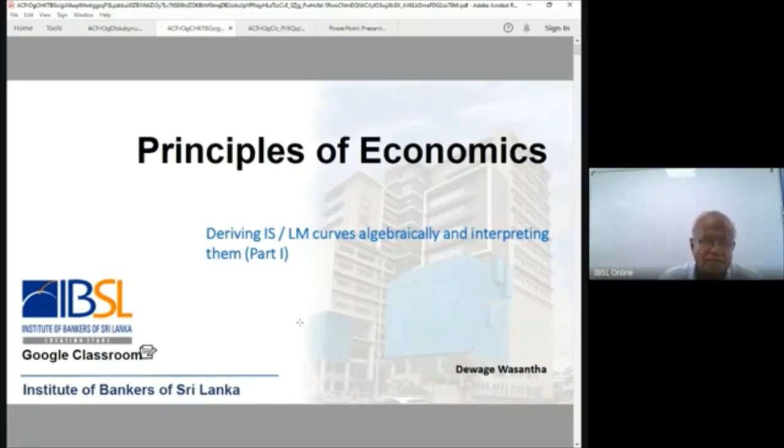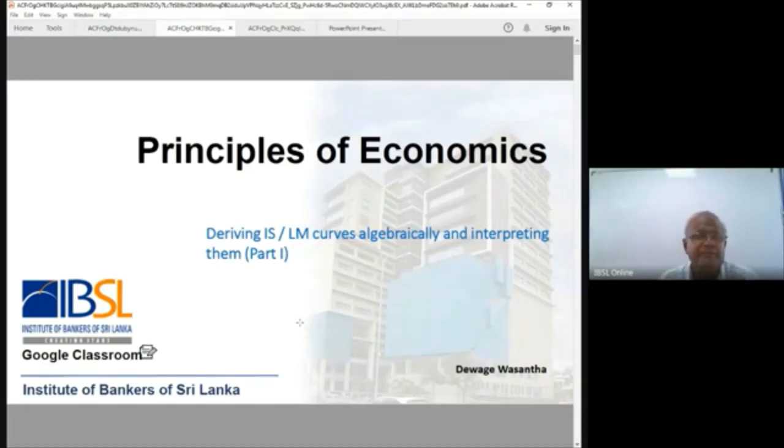Then various policy measures could be evaluated using that AD-AS model. Then the IS-LM model, another economic model, an explanation, a description about the economy.